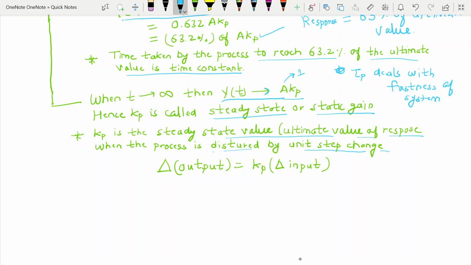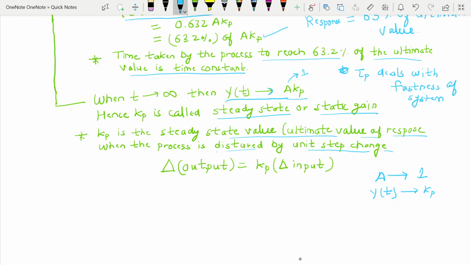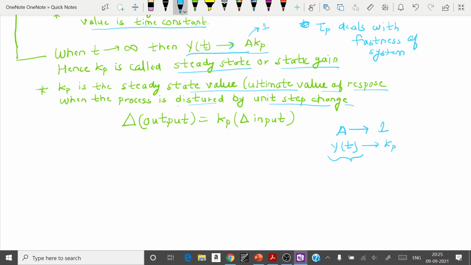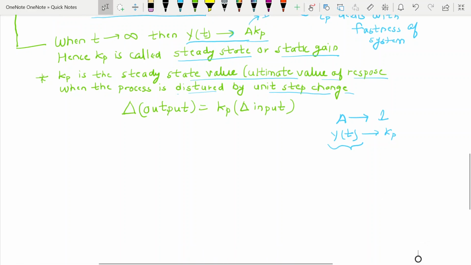So if I put a equal to 1, then yt will become equal to kp. So in this way we can define kp: the ultimate value of response when we are giving a unit step change to the process.